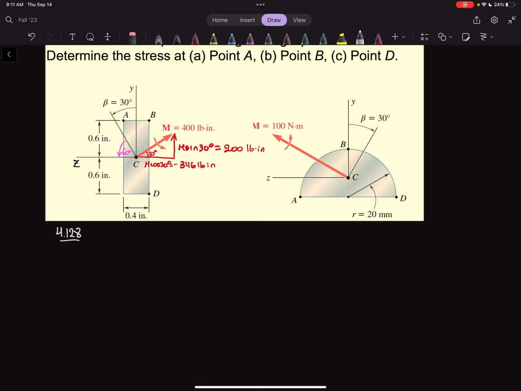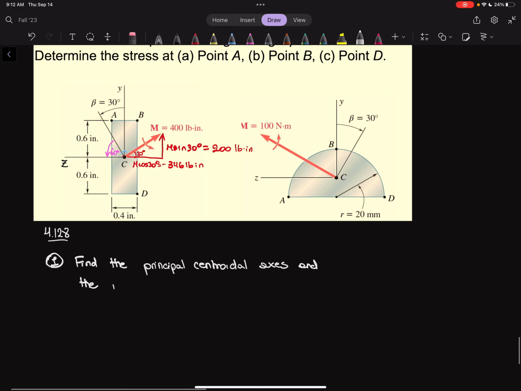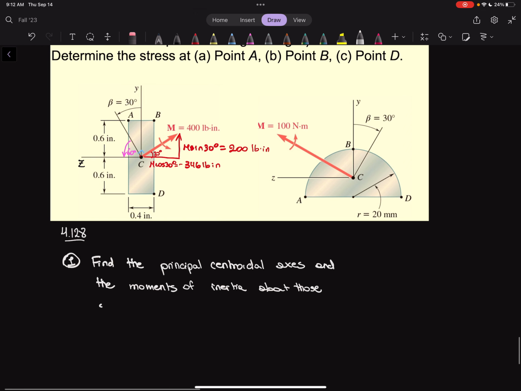That's actually step 2. The first step is to find the principal centroidal axes and the moments of inertia about those axes. The moments of inertia are I_y and I_z for this case.